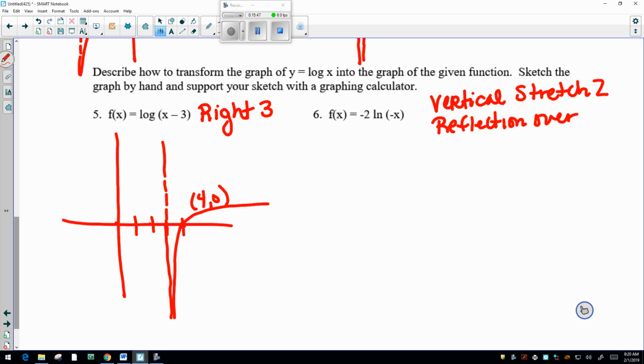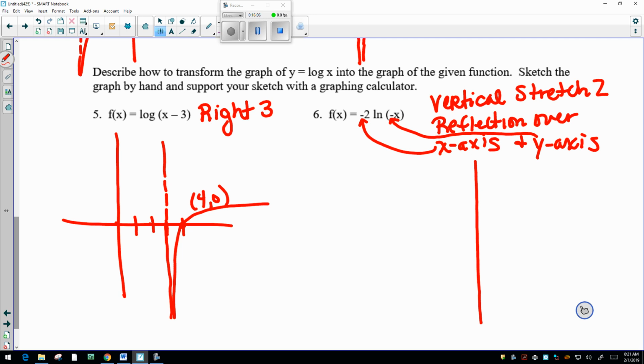So I can say over the x-axis, and as long as you know that's coming from that negative sign, and from the y-axis, but that's coming really from that negative sign. So that's kind of a lot to take in mind. So not only are we going to reflect over the x, but also over the y, and a vertical stretch. So that's going to make it a little bit steeper.